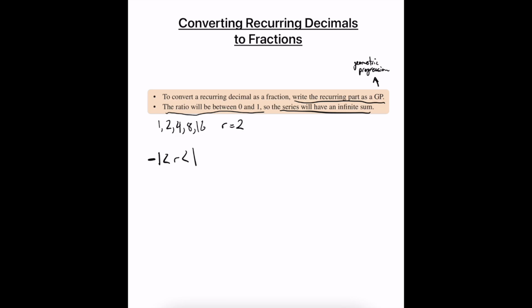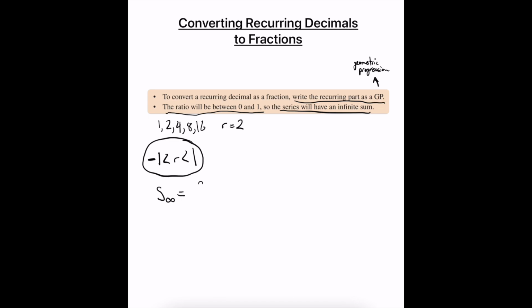The fact that the ratio is going to be between 0 and 1 indicates that we are always going to be falling within this range when we encounter a recurring decimal. Then we'll be able to use the equation for a limiting sum in order to evaluate the decimal.